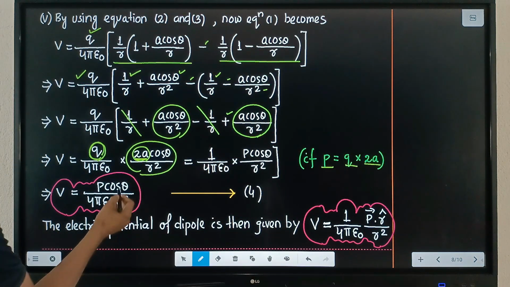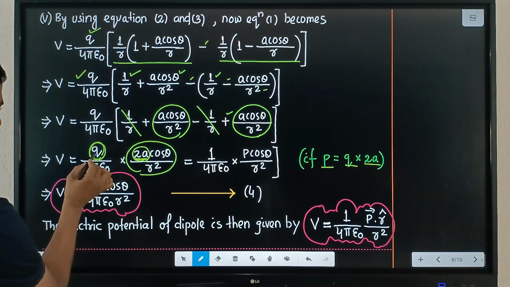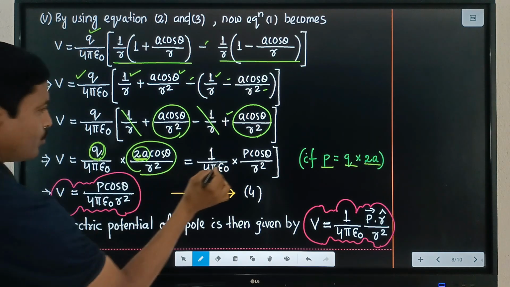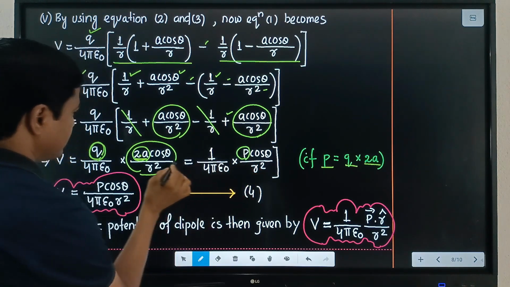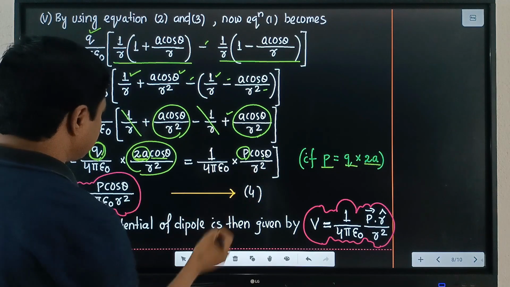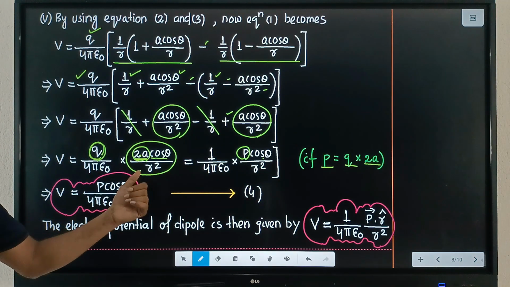In place of twice A Q, we write the dipole moment, that is p. Cos theta is there, we write p cos theta divided by 4 pi epsilon 0 r square.